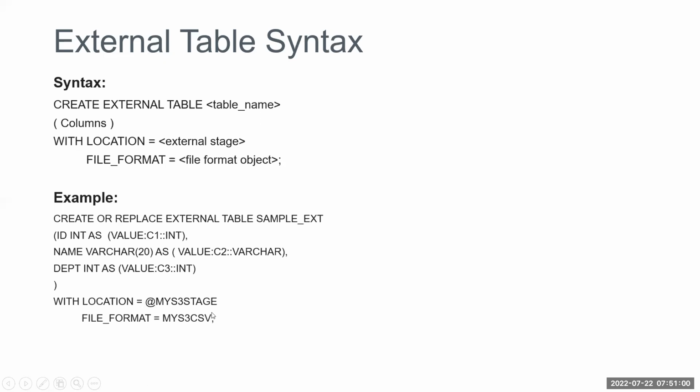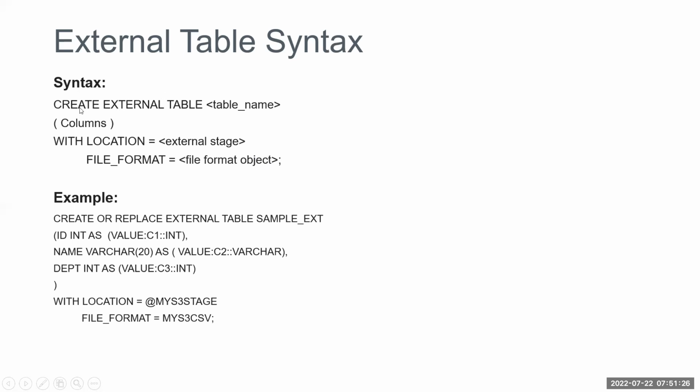So this is the location, that means the external stage location. And we have to mention the file format object name: file format equals our file format object name. Otherwise, if you are not creating the file format object, you can simply specify the file format itself here. So this is the syntax.